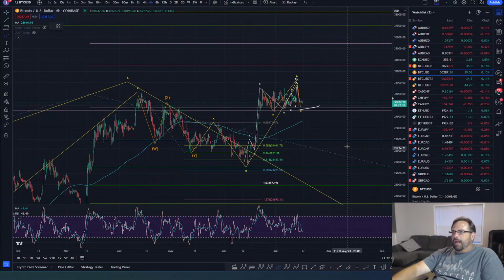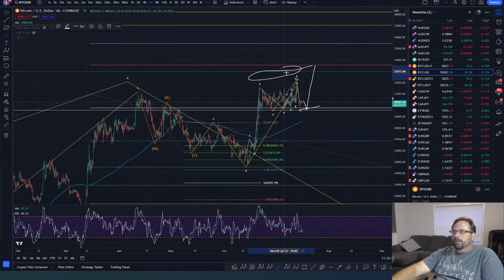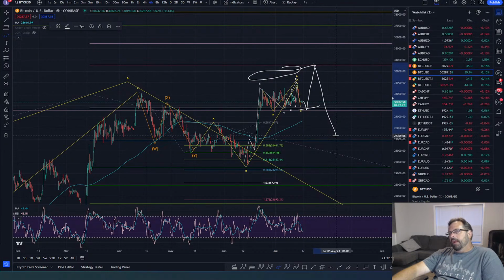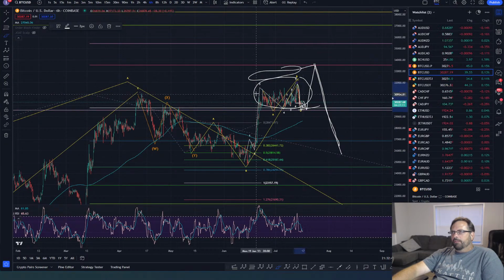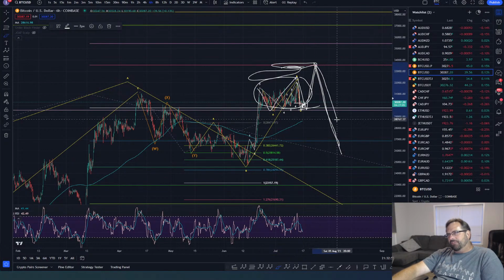So there's a hypothetical here where we could hit this low and then shoot up and take the top out much more definitively, and then come and get bearish on us by rejecting after that. So if this was a completed correction here, there's a way to count that as 3 like that, then they could still come up, take the high out, and still go down.